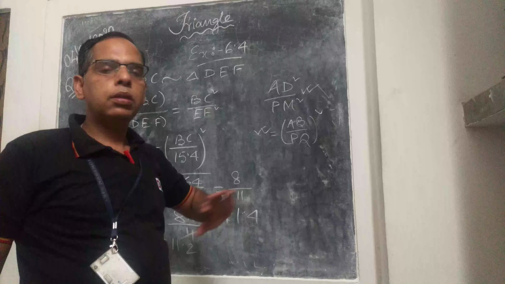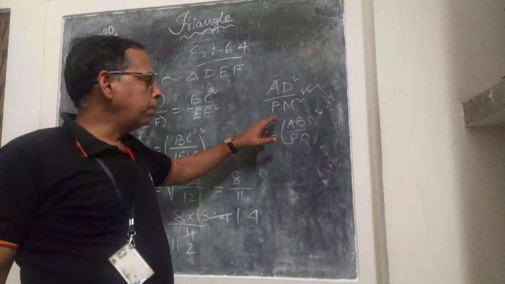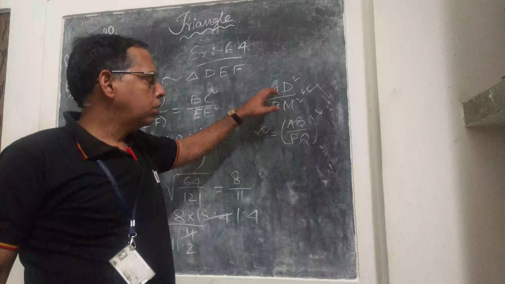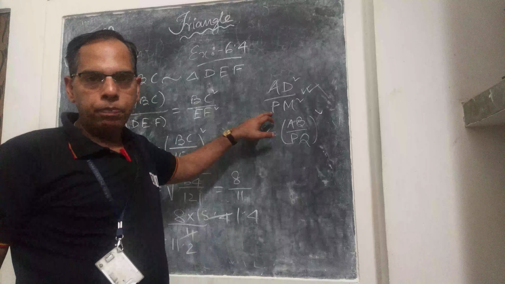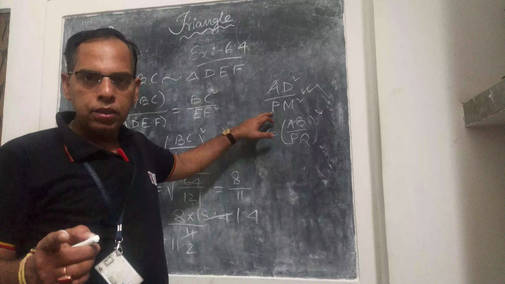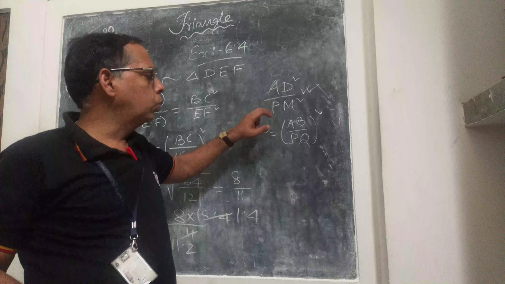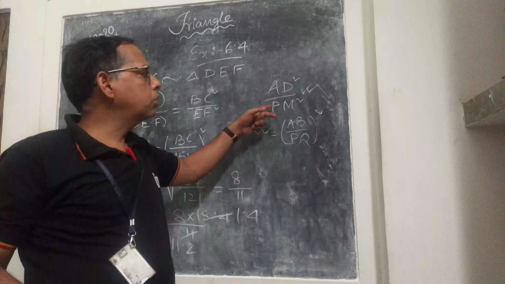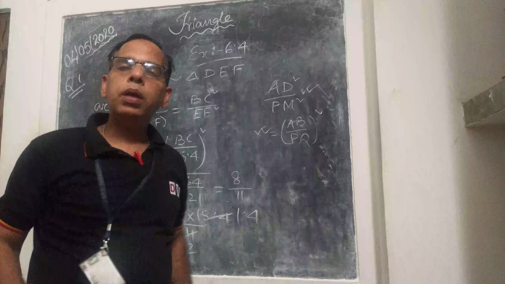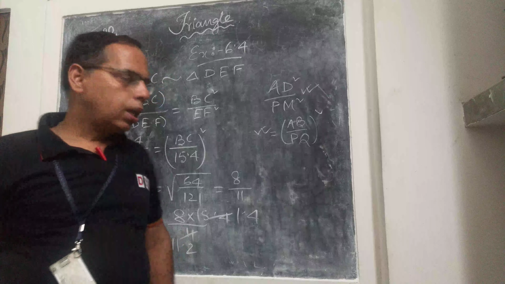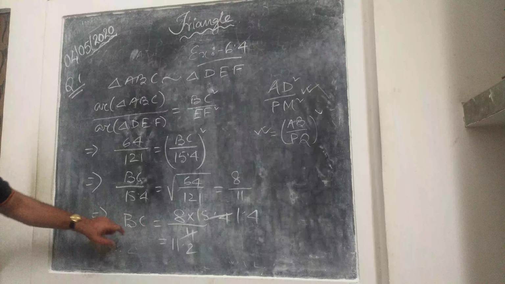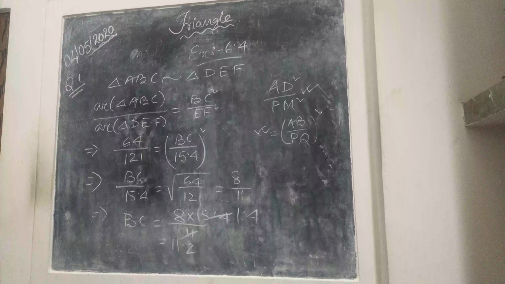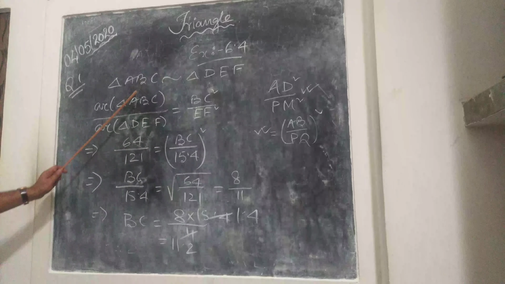Same procedure, nothing different. I replaced AB by PQ with AD by PM. According to this theorem, you just replace AD by PM with AB by PQ, then AB square by PQ square, and that is the application used here.